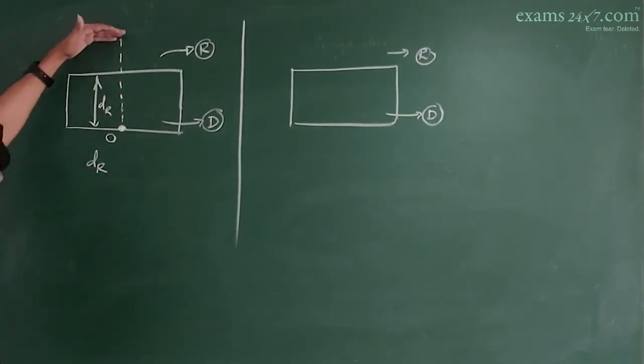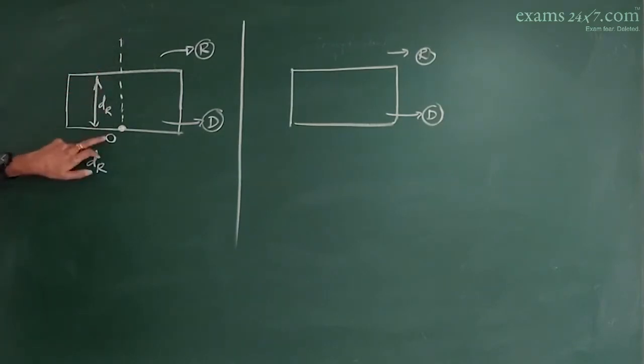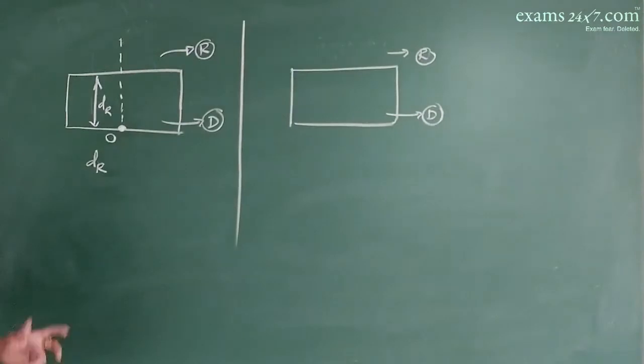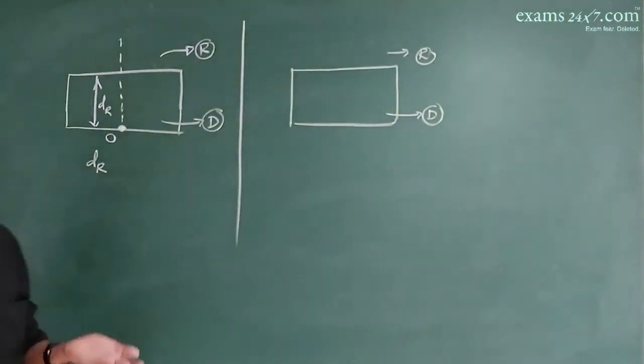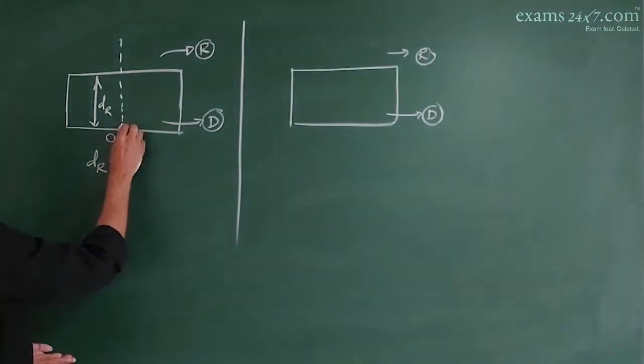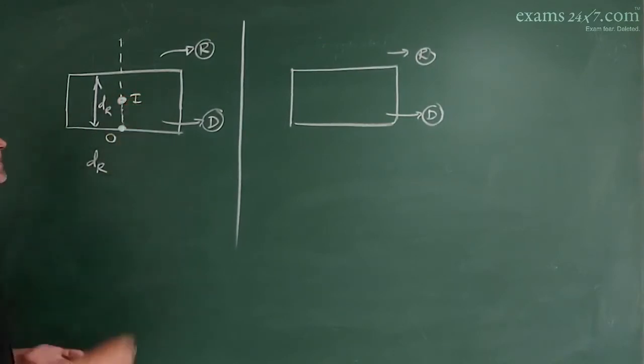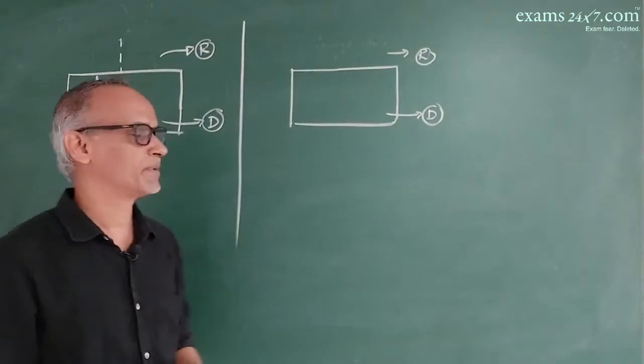And when the observer sees this object, due to normal refraction, it appears to be raised by a certain distance. So it appears here, and that will be the image. So I stands for virtual image.